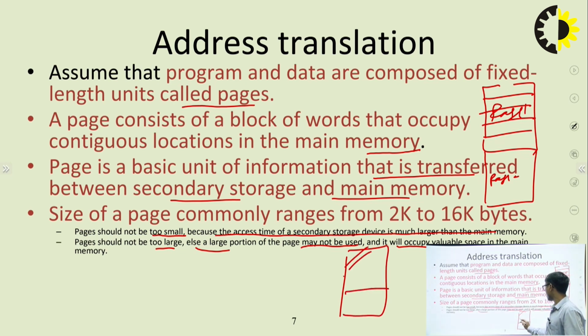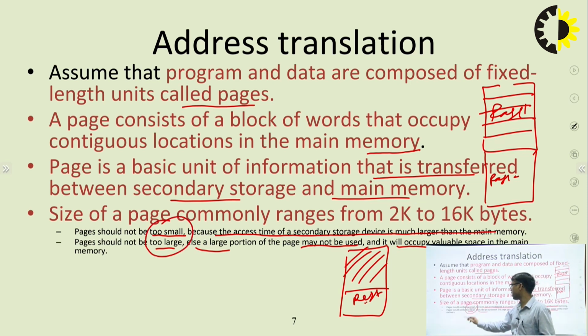The main program will be within this, and the rest of the page will be blank. So too big and too small are both a challenge. There should be an optimal page size, determined by the operating system based on statistical analysis of the various sizes of programs available and how much space they require in the main memory.